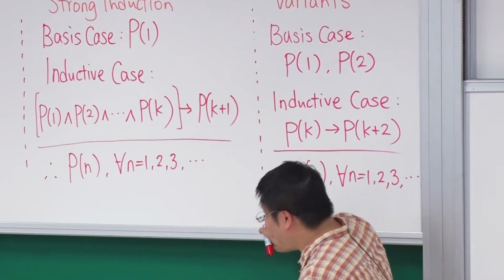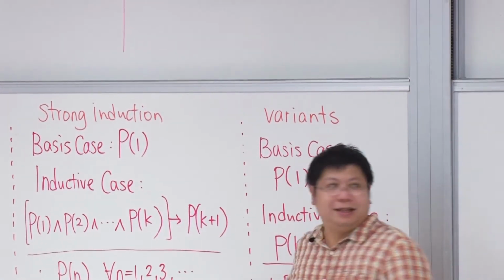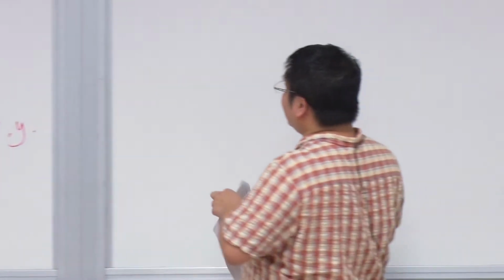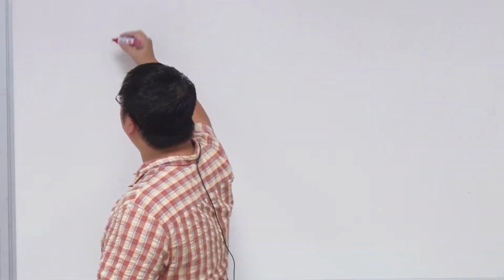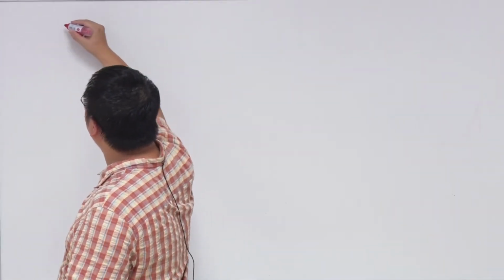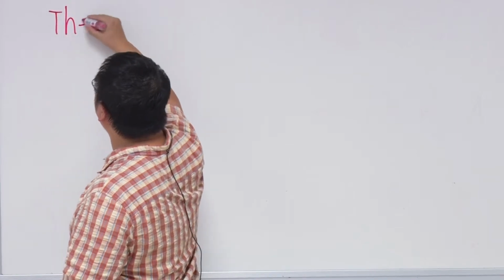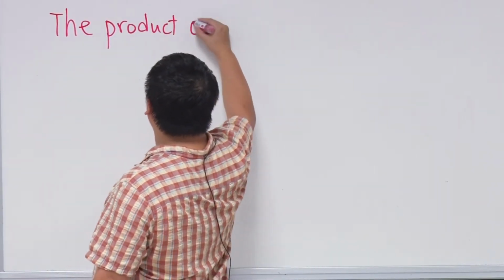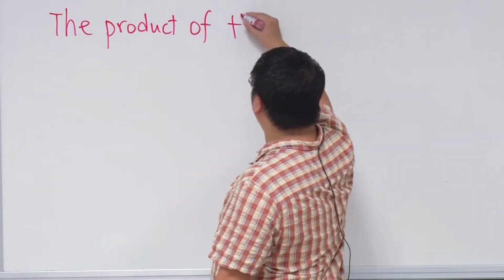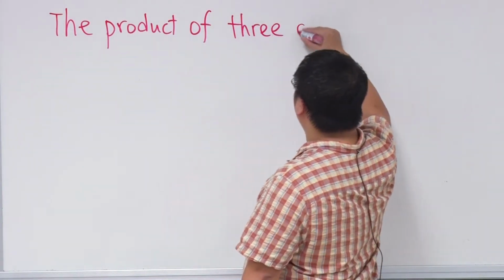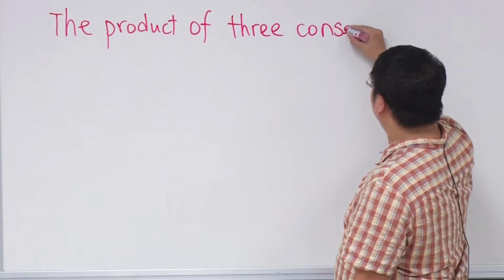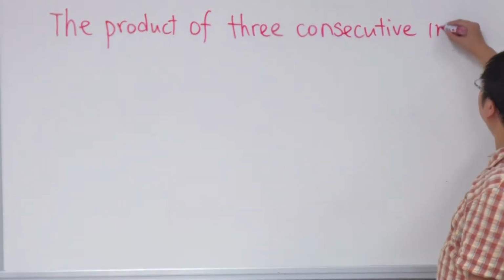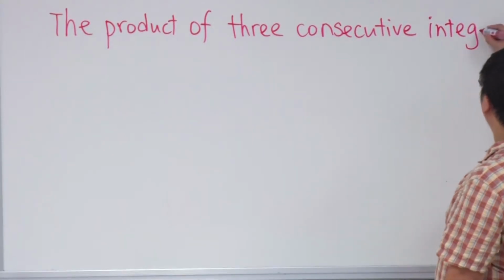Okay, so let's do one example. Just a super simple example. This example says, let's say this is the product of 3 consecutive integers.